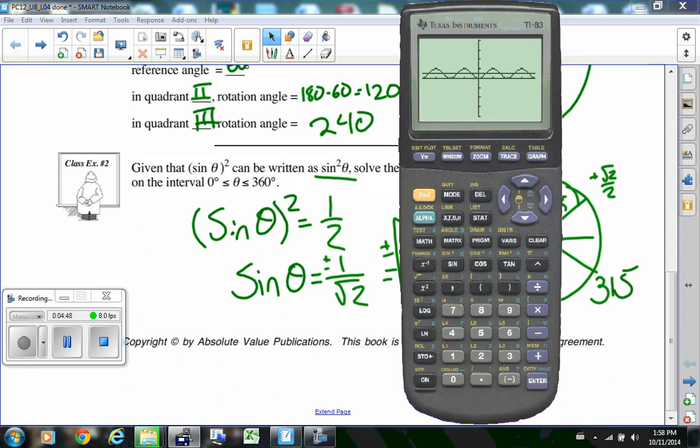If I change my window settings for x from 0 to 360, and I make my scale 45, I'm going to be able to see these really clearly. Oh, look, there is 45, there is 135, there is 225, there is 315. Yay!